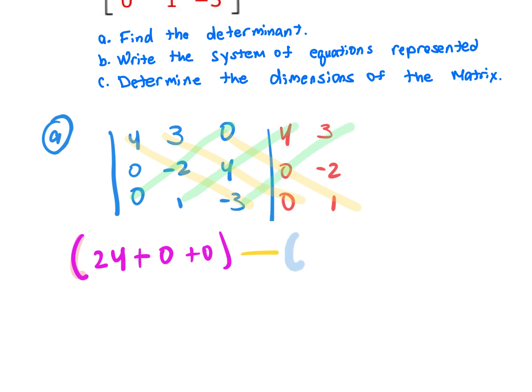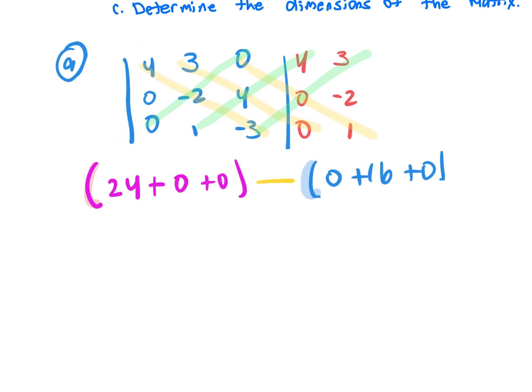So that's going to be 0 times negative 2 times 0 is 0. 1 times 4 times 4 is 16. Negative 3 times 0 times 3 is 0. So we simplify. You have 24 minus 16. Well, 24 minus 16 gives you 8. So your determinant for this given matrix is 8.